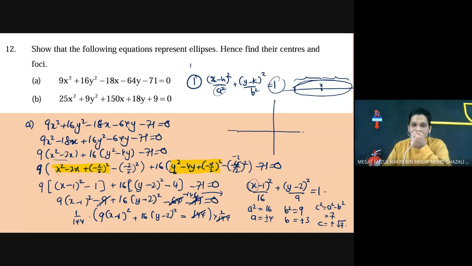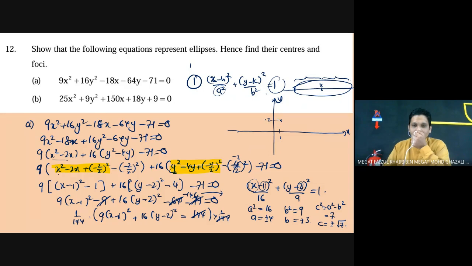Now if we try to sketch the graph, with x and also y axes, the center is (1, 2). The major axis is along x, where a equal to 4.